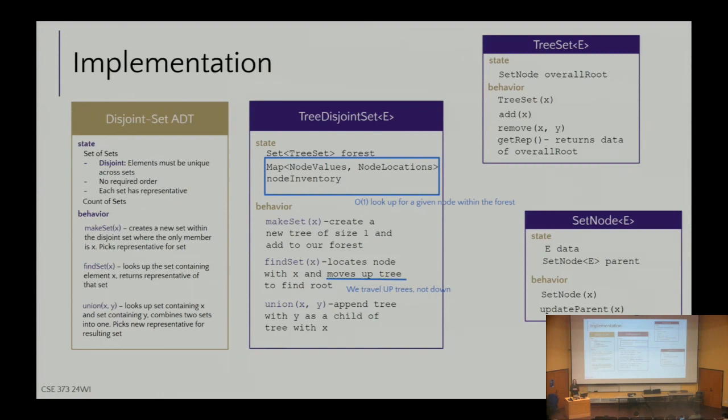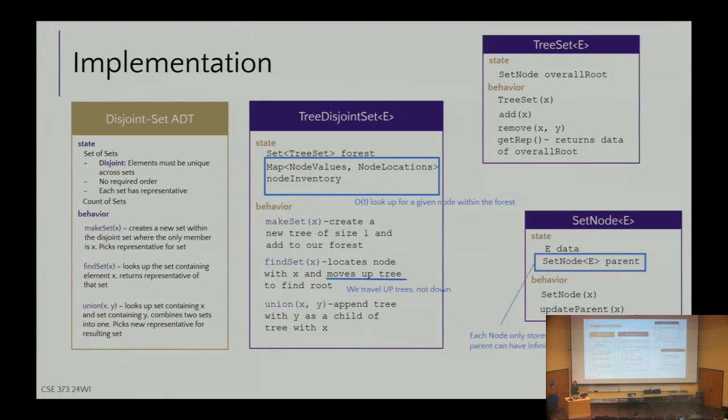So what that means is this is actually an inverted tree, and instead of starting at the overall root and recursing down from parents to children, we're going to use our hash map to jump into a given node and then follow the parent pointers up to the overall root. So we are traveling through this tree in the complete opposite direction we're used to. Instead of recursing from the overall root down, we're going to loop from children up to the overall root.